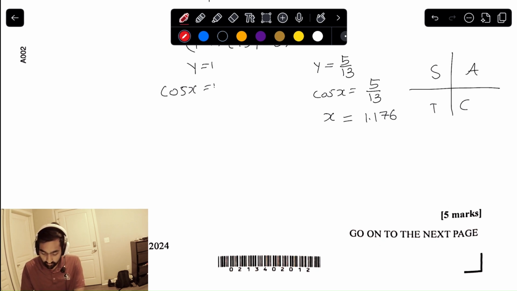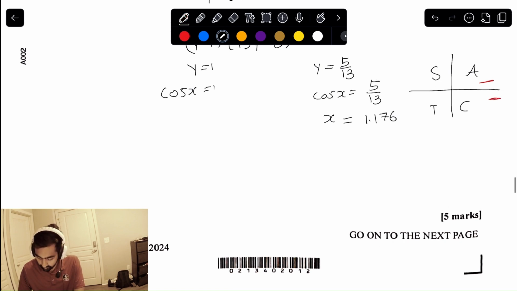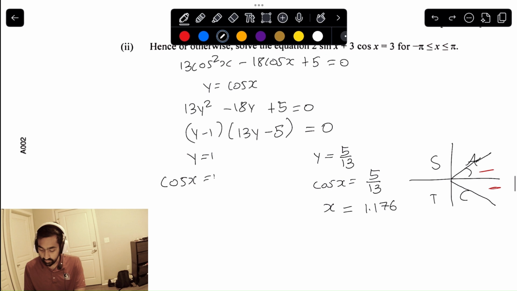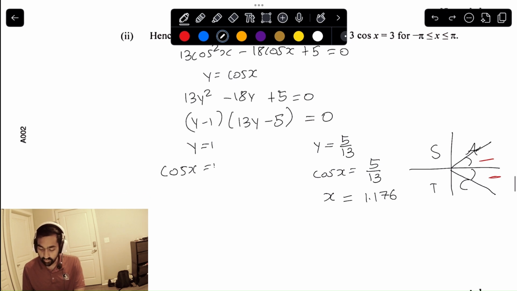And cosine is positive, so the two ones that we care about are this one and this one. So we have to figure out what angle. The first thing is we just showed that this would be 1.176. And then the next one, we have to figure out what angle that is. If you look at the range though, they said that the angle is allowed to be negative. So actually our angle will just be the negative of this, minus 1.176.